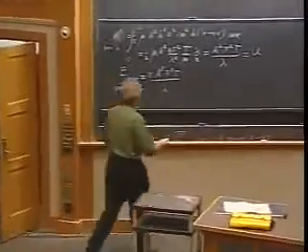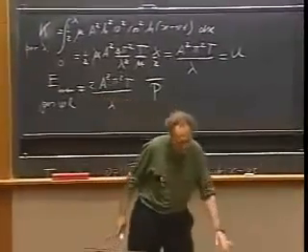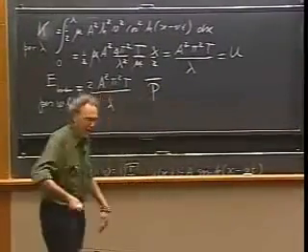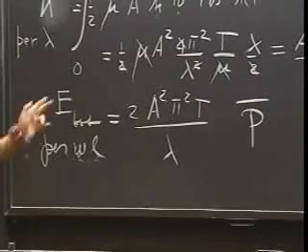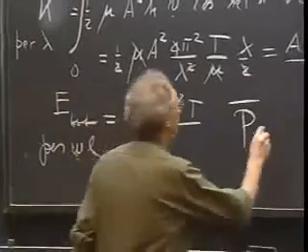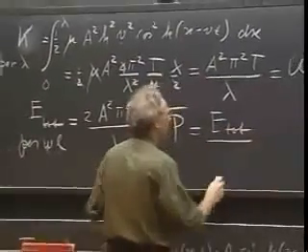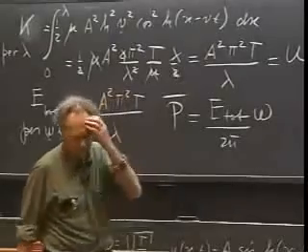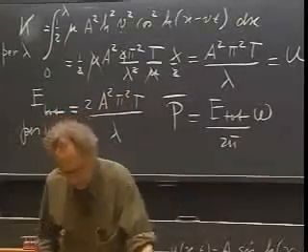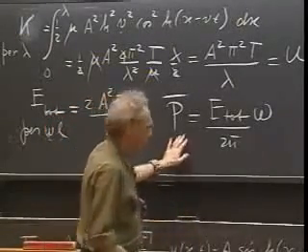And so the average power that I have to generate if I am driving this traveling wave into the string is then E total, and you have that here, divided by 2 pi by omega. And this is in watts, of course. This is joules per second.